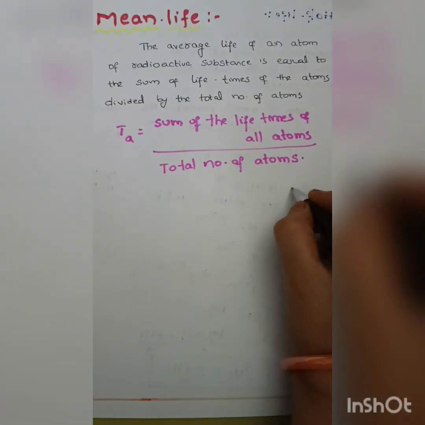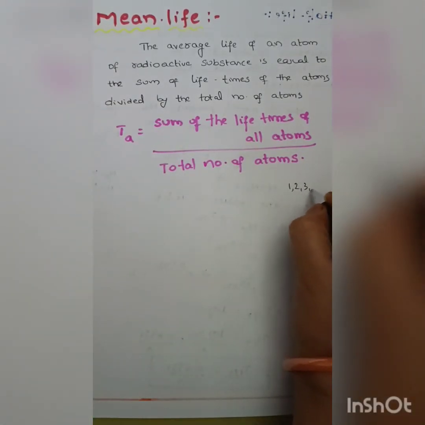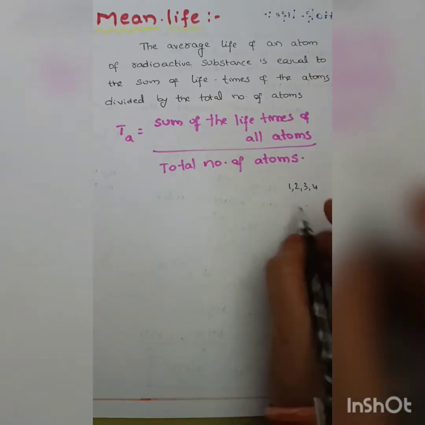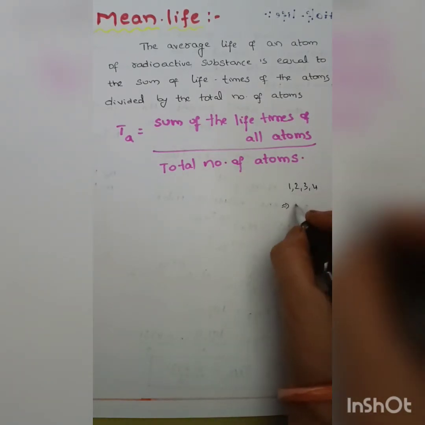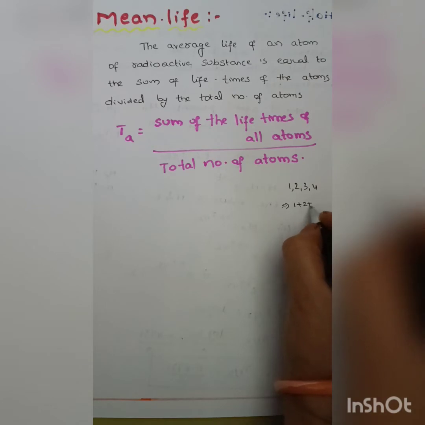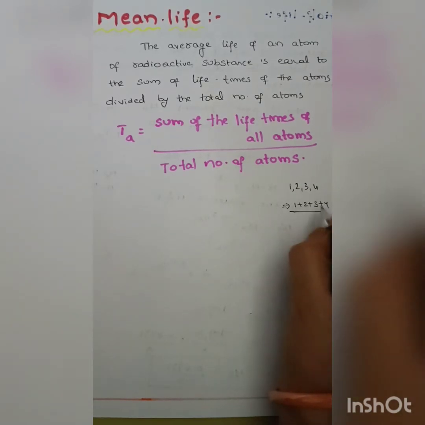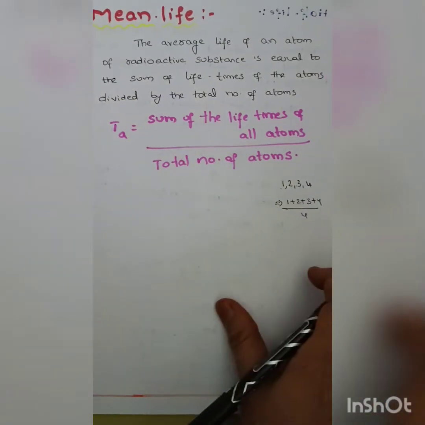Average or mean means what we'll do? For example, there are some numbers like 1, 2, 3, 4. To find the mean or average, we take the sum of all these quantities, 1 plus 2 plus 3 plus 4, divided by the total number of quantities. This is only the average, right?